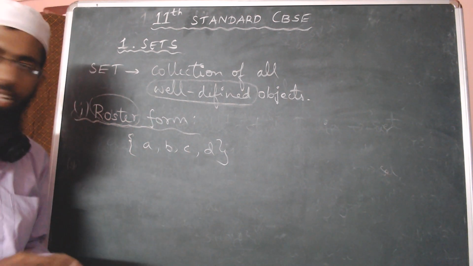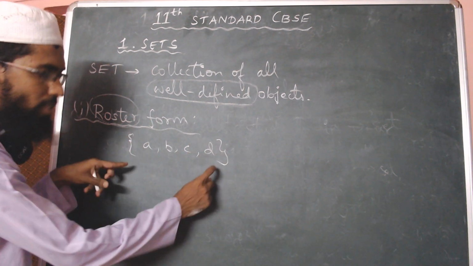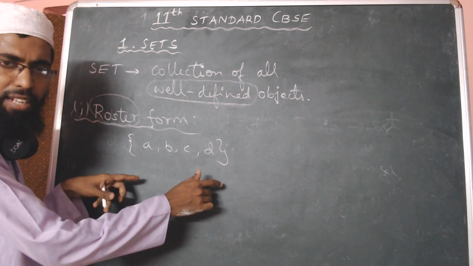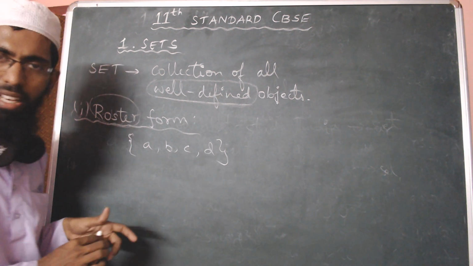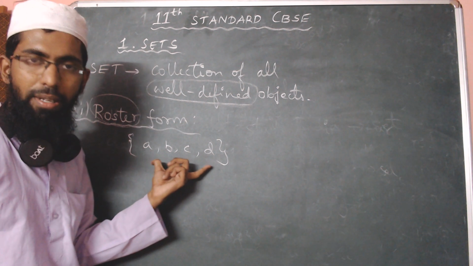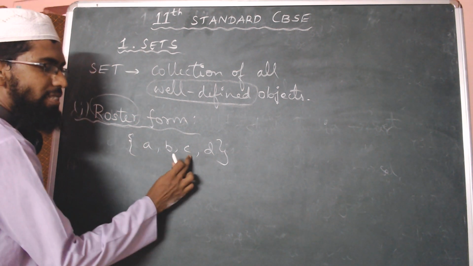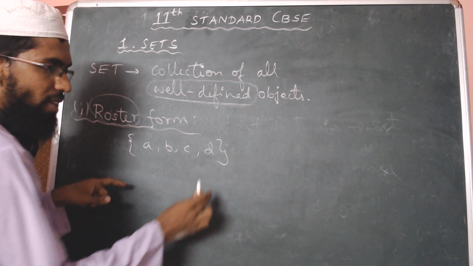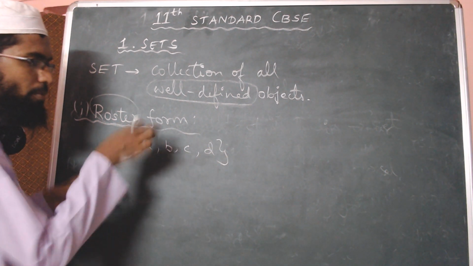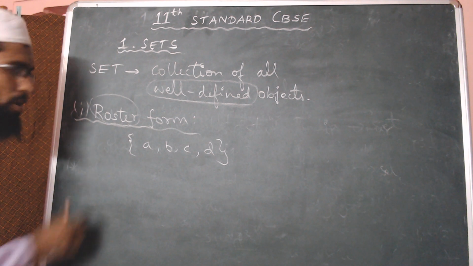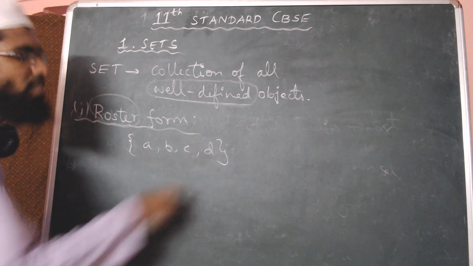Whenever we represent a set in roster form, we must use braces, curly brackets, to represent a set of some elements, right? So here, what are the elements of my set? A, B, C, D. I'm putting them in curly brackets because it is a condition for representing a set in roster form. We should always use curly braces.